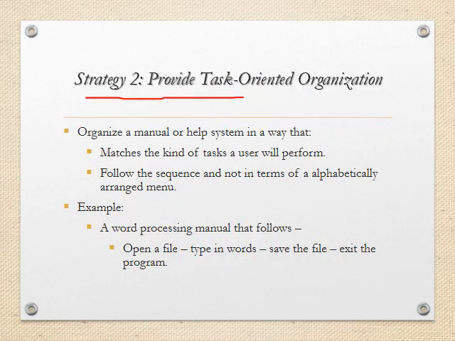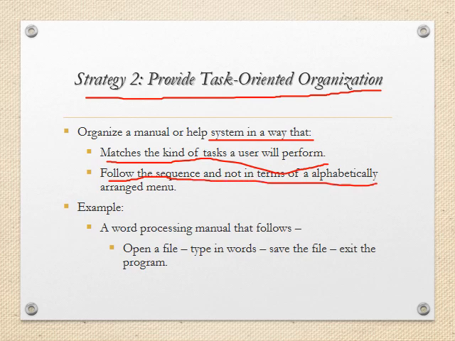Strategy number 2, provide task-oriented organization. This means to organize the manual or a help system in a way that matches the kind of task a user will perform and follows the sequence, and not alphabetically arranged menus. The first means that we have to match the kind of task the user will perform in their environment with the task the program offers.